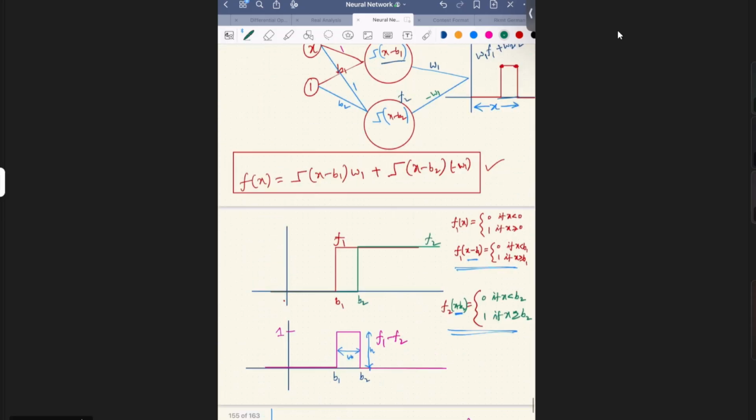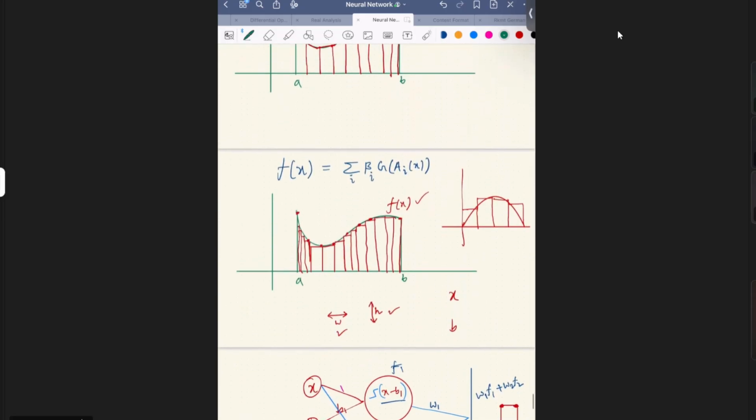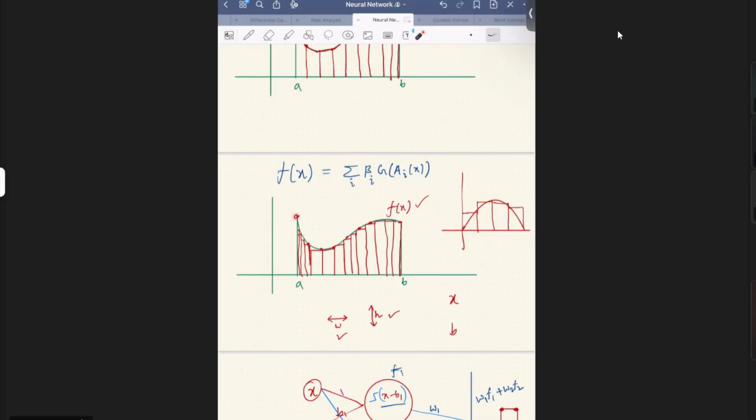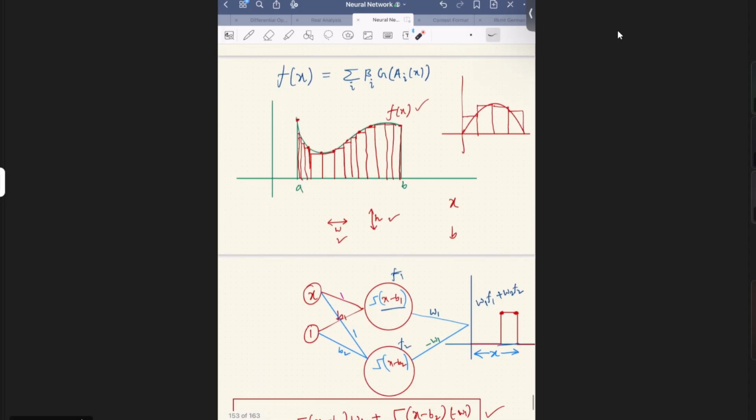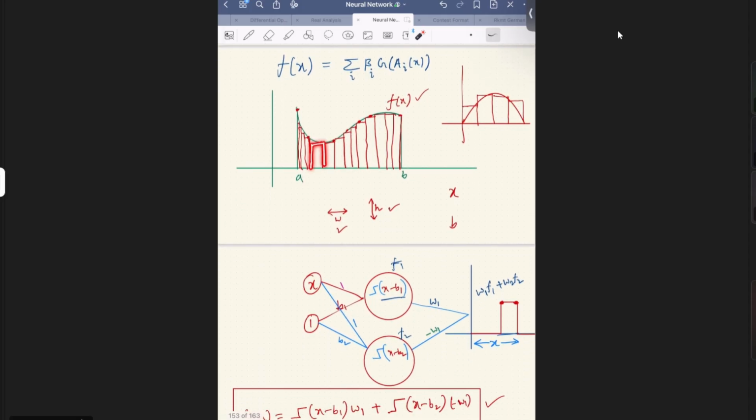Now you take any function like this, any piece of a function, from part of x square or part of x cube or sin x or tan x, no matter whatever function. If you wanted to fill this with several such pieces, then you are filling all those signals.